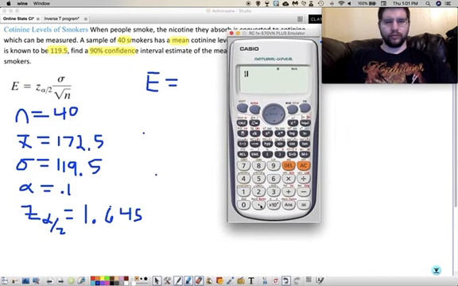We're going to do 1.645 times 119.5 over square root of 40. 31 point blah, blah, blah. Store that to E or whatever you want. Doesn't really matter what you name it.